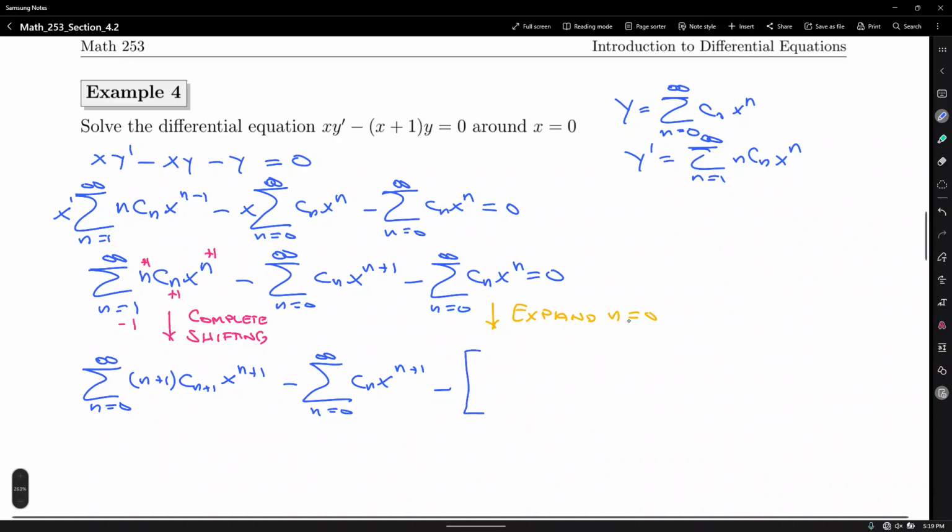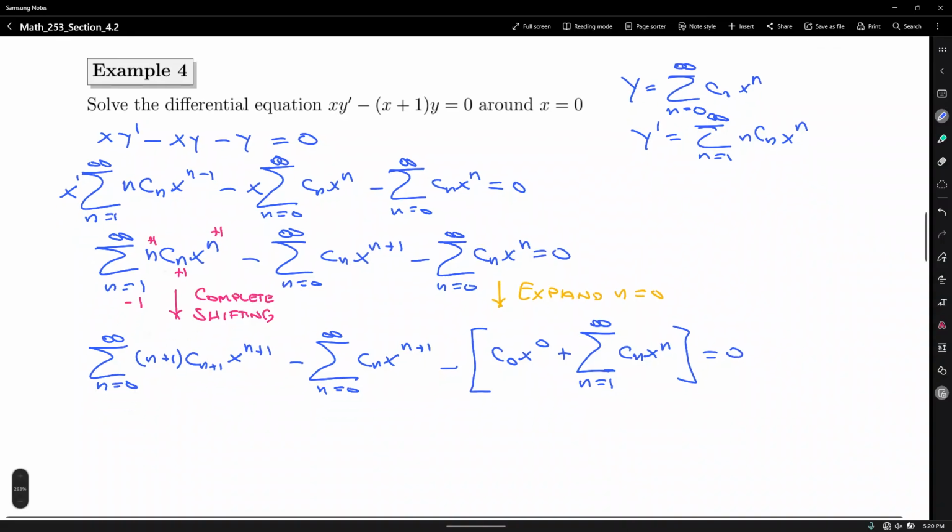I'm going to expand the term for n equals to 0. That'll be c sub 0 x to the 0 plus sigma n equals, because I expanded the term for n equals to 0, when I write the series now we're going to start it at 1, right? C sub n x to the n, equal to 0, all right?